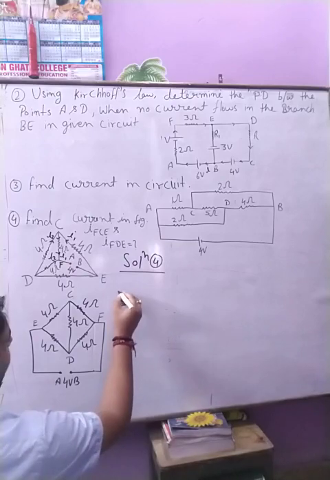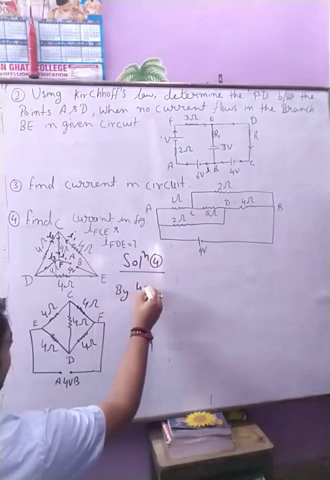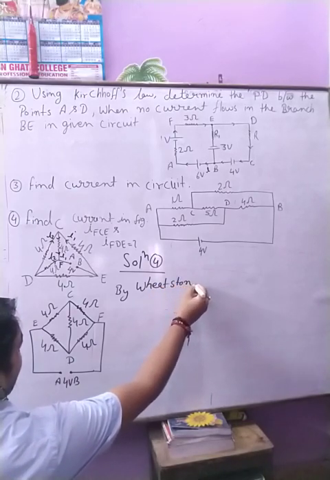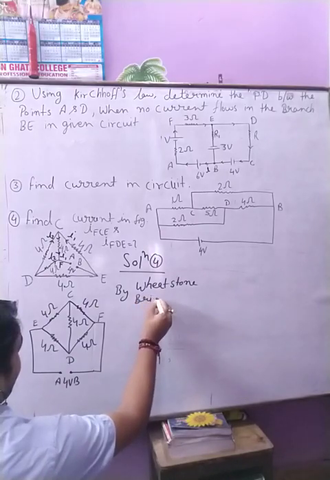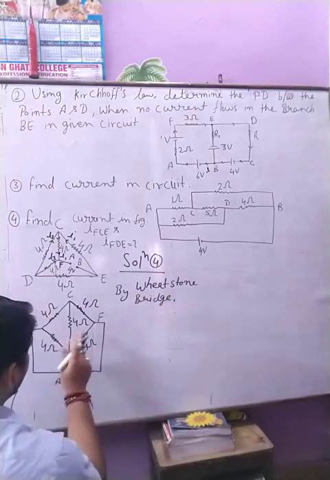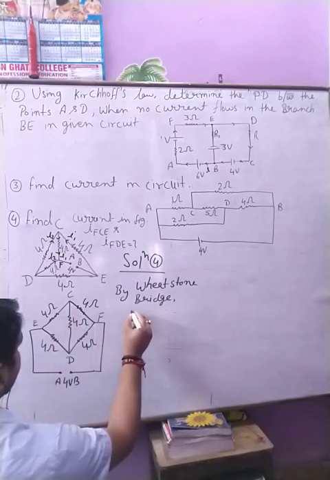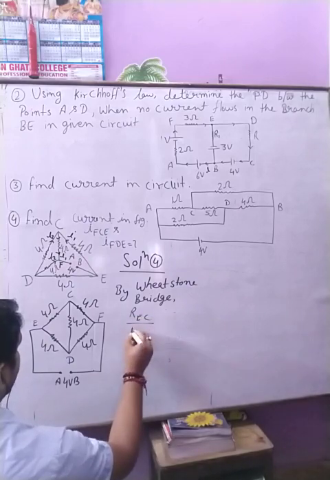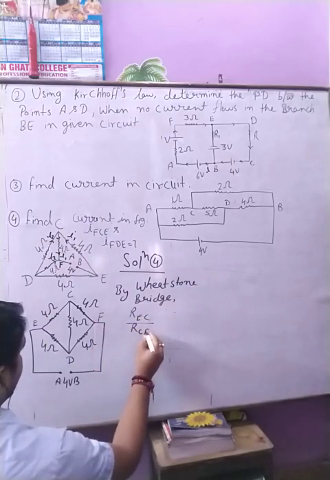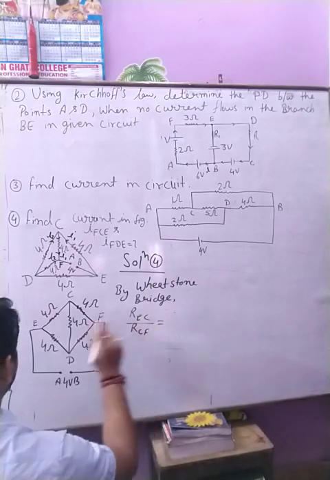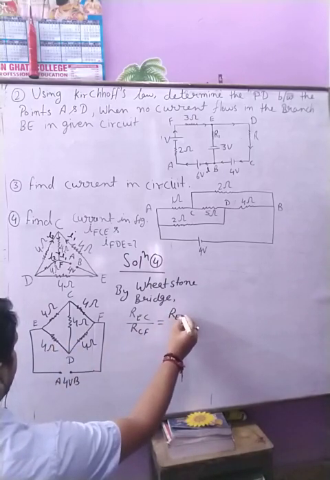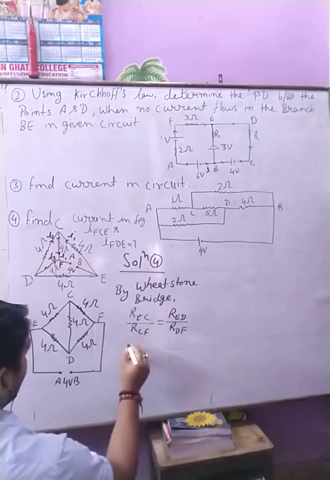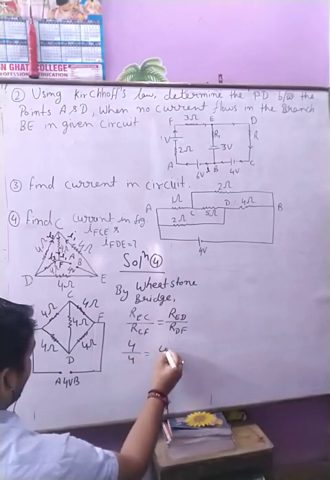Now first we solve by Wheatstone bridge. We get R EC upon R CF is equal to R ED upon R DF, which is 4 by 4 is equal to 4 by 4.